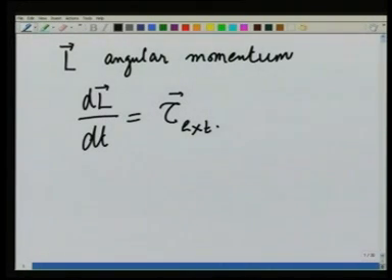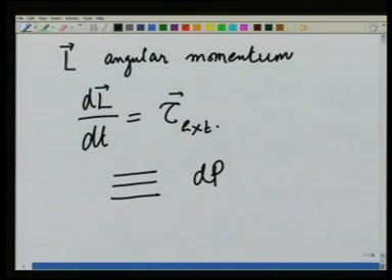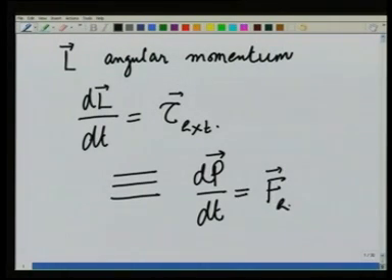I showed in the case of a one particle system that this was equivalent to saying the rate of change of momentum is equal to the net external force.